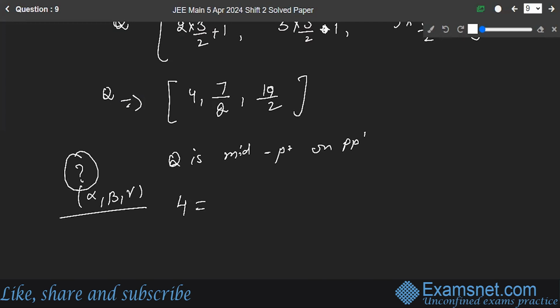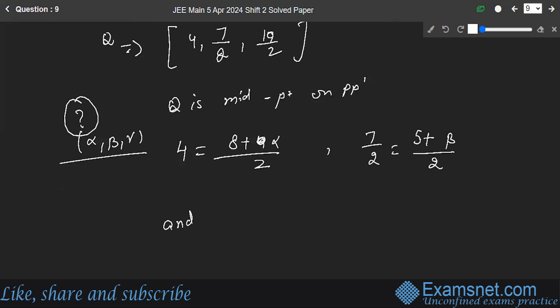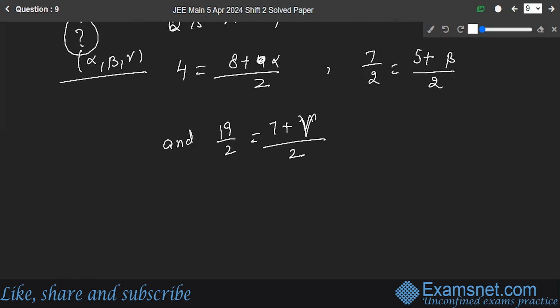So 4 will be equal to 8 plus alpha upon 2, and 7 by 2 is equal to 5 plus beta upon 2, and 19 by 2 is equal to 7 plus gamma by 2. Okay, let's solve them. First, let's solve gamma. This 2 and 2 will cancel, and you will have gamma equal to 12.